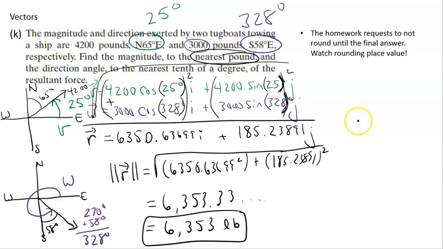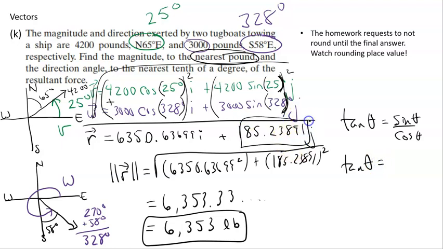And then finally, we're supposed to do tangent of theta. Remember, sine of theta over cosine of theta, or you can think about it as y over x. Tangent of theta is equal to, so this is your y value, 185.23891 divided by 6,350.63699. Again, I took it way out because I want to avoid rounding issues.